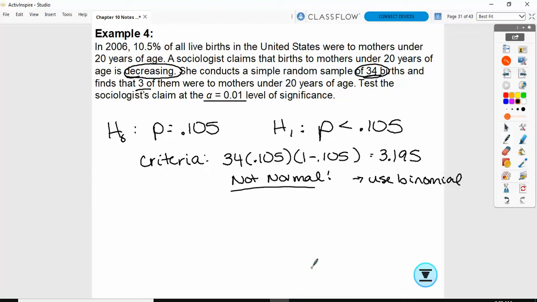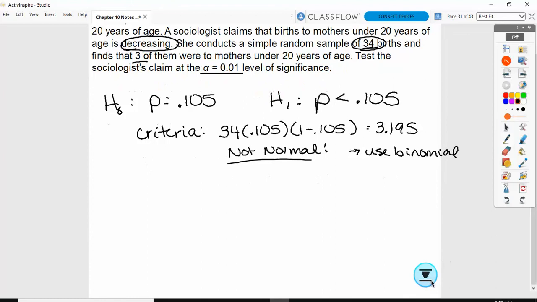We also, didn't I show you how to do binomials on the calculator? I think we did that. It's hard to remember way back when. So let's talk about how we might do that. Since we're looking at less than, let's find the probability that x was less than or equal to 3, because she found 3 in her study.